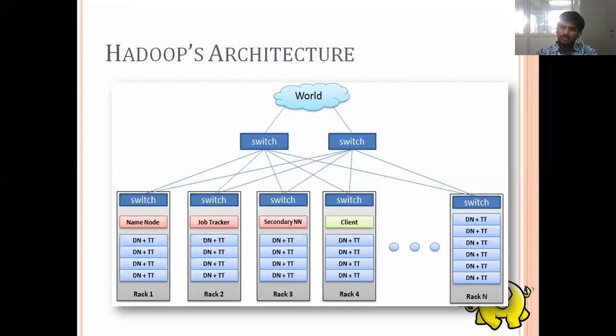Based upon replication, how are we going to manage and maintain all this? So everything is up. What we have are various features: the data node, name node, job tracker, secondary node, client, and how data is going to be transferred from one data node to another. That is the switches.